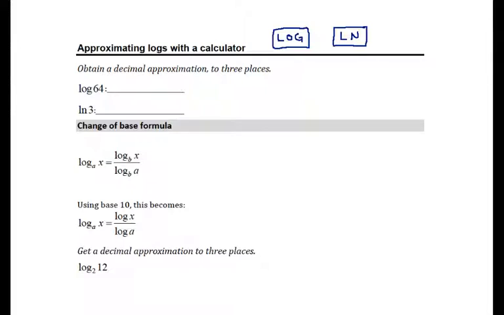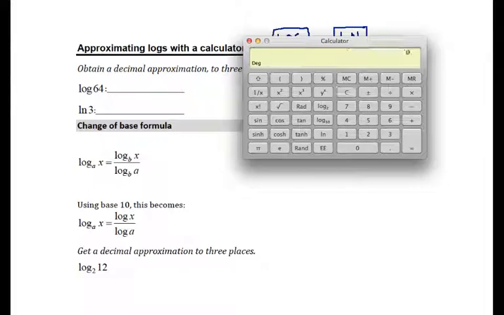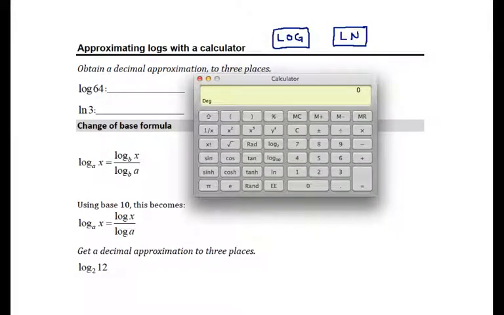of these two buttons. So if we bring up our calculator and just look at these two simple examples, the log of 64, on this particular calculator I enter the 64 first and then hit log, and that gets me 1.806.